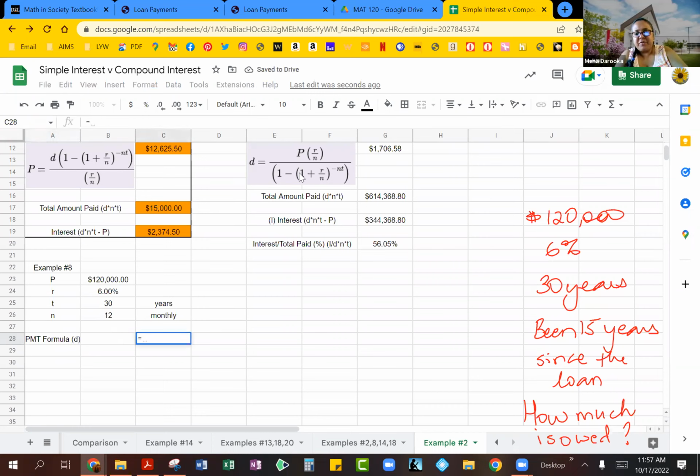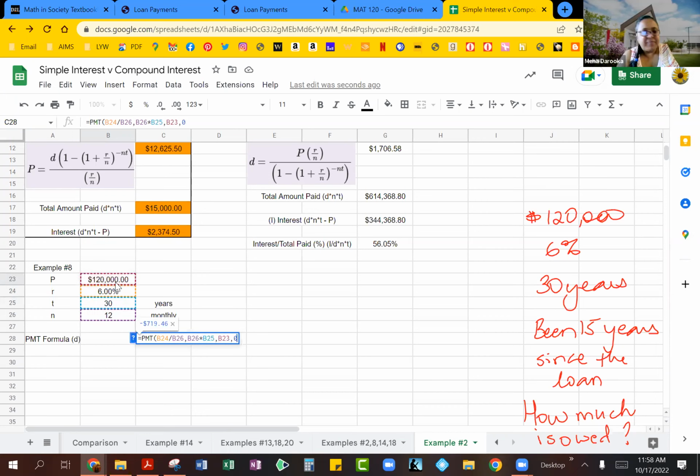Remember, for the PMT formula, we start with equal to PMT, and then in parentheses, you're going to do R divided by N, so 6% divided by our 12 months. For the second argument, we do N times T. Then argument 3 is your principal, the loan amount that you took out, so that would be the 120,000.